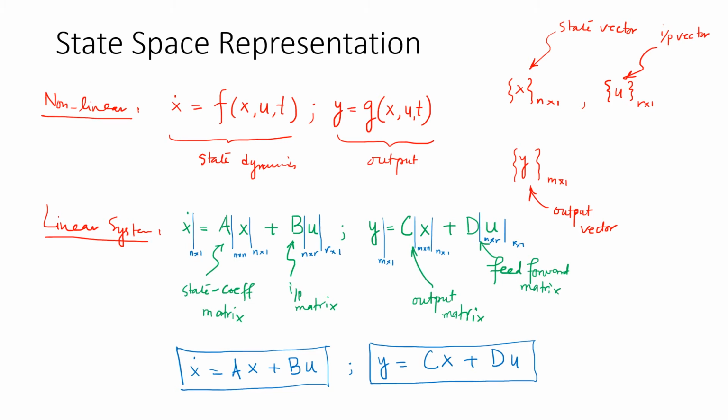You should also take an additional note, that for systems which are time varying systems or time variants, you are going to have these matrices A, B, C, and D varying with time as well.